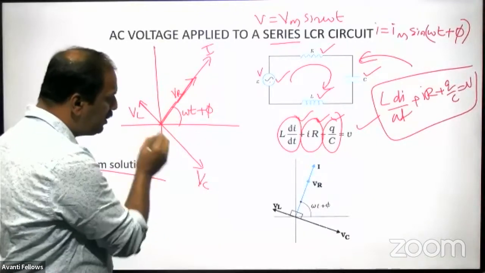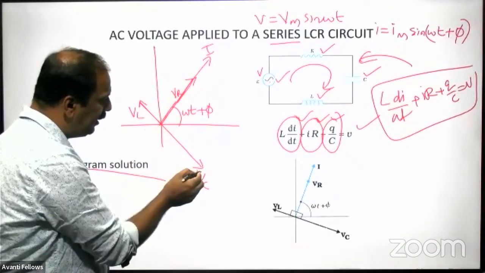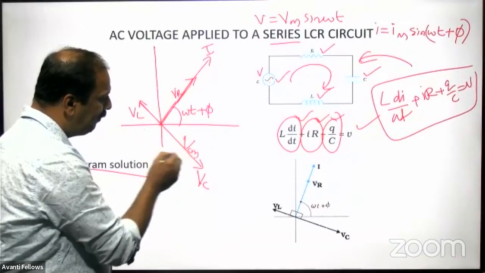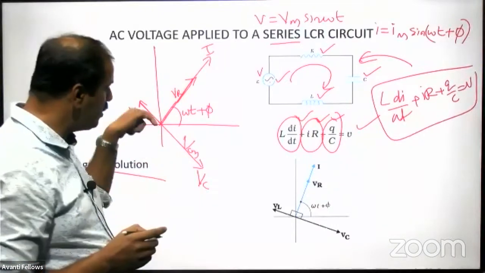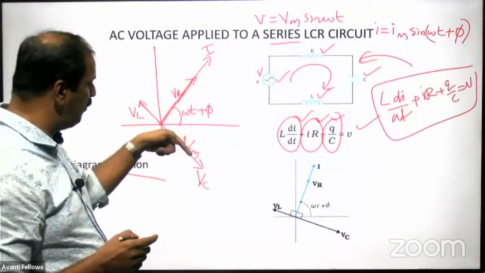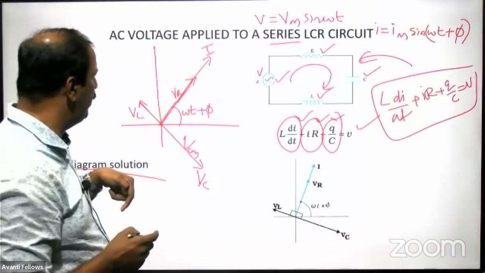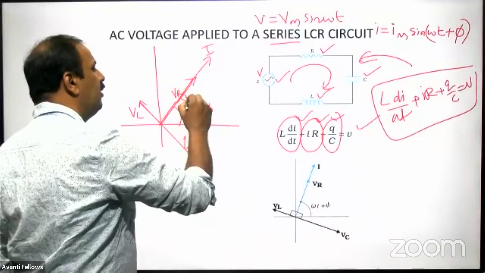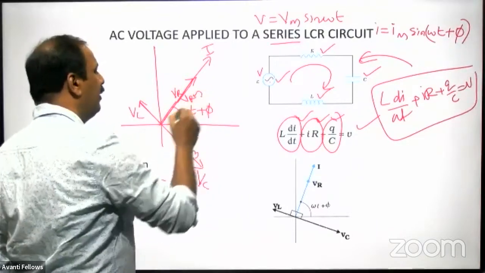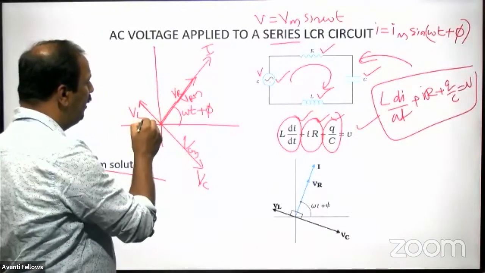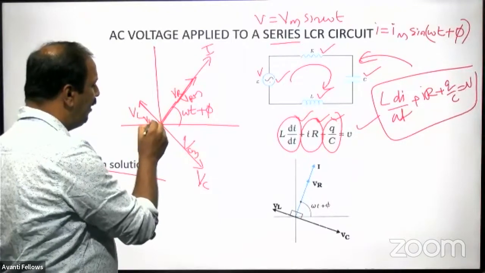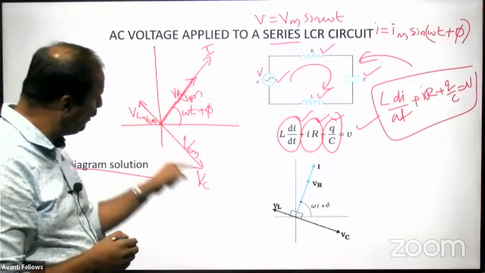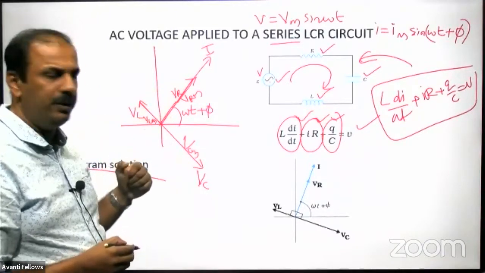This total length I am telling, this length will be VCM, because voltage across capacitor, its maximum value, when it comes here, you will get the maximum value. The length of this one will be VRM. And this length will be VLM. You have to remember this one. So this will be VLM, this will be VCM. That is the magnitude of that one.